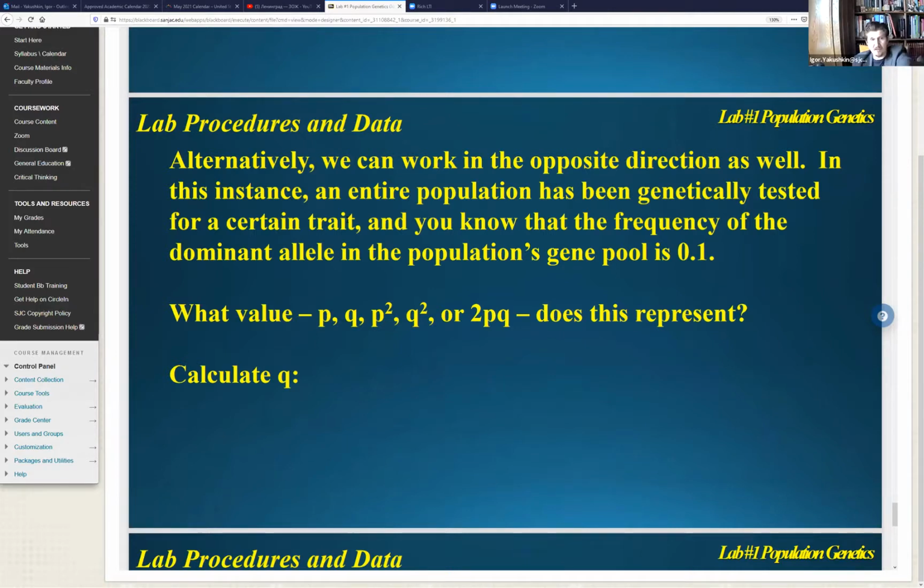In this particular case, it says allele, so it has to be either P or Q. It says dominant allele, so it has to be P. If our P is 0.1, can we figure out Q? Yes, 0.1 plus Q equals 1, so Q has to be 0.9.